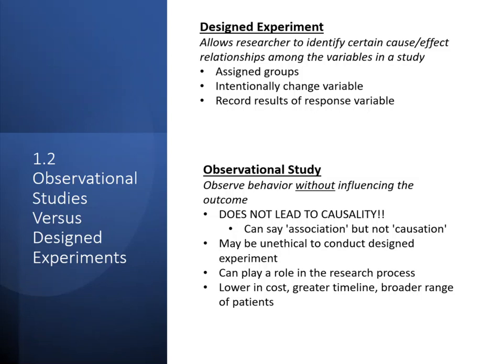If I have a question I want answered, and I can show that there is an association between two variables, then I may be able to design an appropriate experiment to show cause and effect. And finally, observational studies are generally lower in cost.